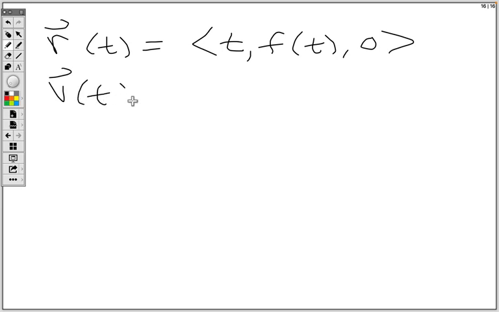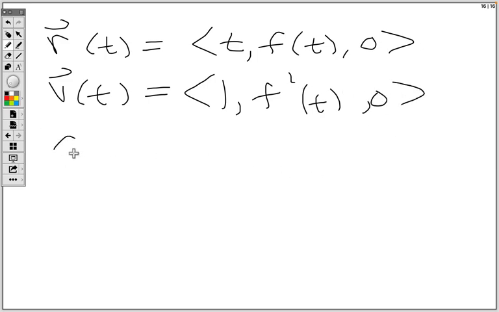So we'll just take the derivative here. To get velocity, I take the derivative. The derivative of t is 1. The derivative of f of t is f prime of t. And then what would the acceleration be? I take the derivative again, what would I get?